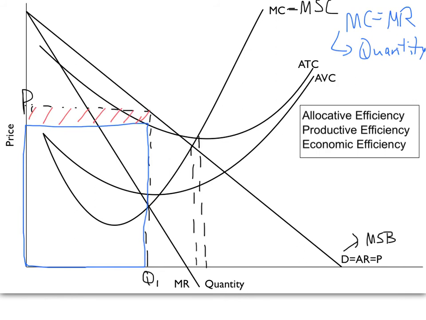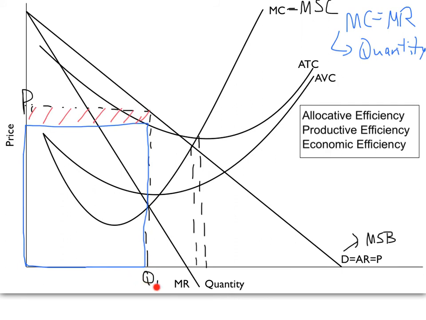And because economic efficiency takes place when both allocative and productive efficiency take place at the same time, and the monopoly is neither allocatively nor productively efficient, we can easily conclude that monopolies are not economically efficient. This is also a good lesson in differentiating between efficiency and profit maximizing.